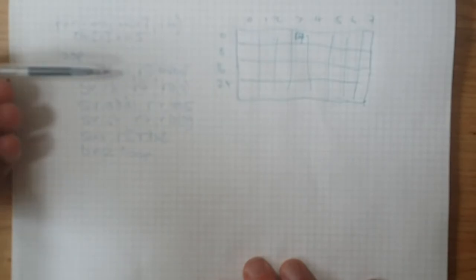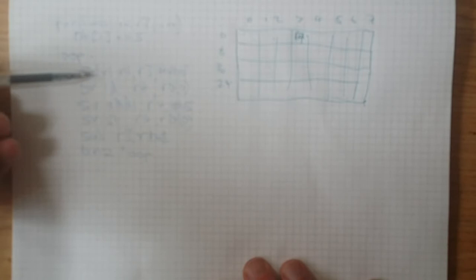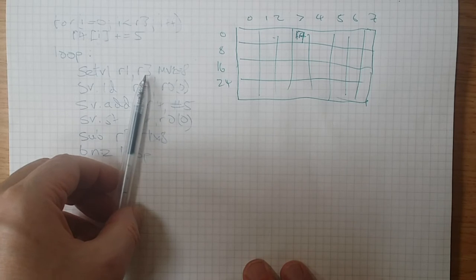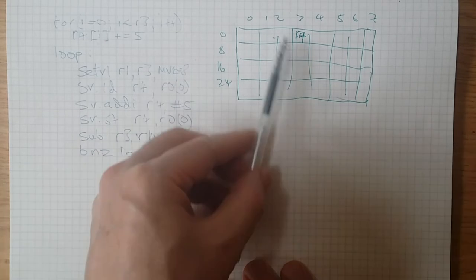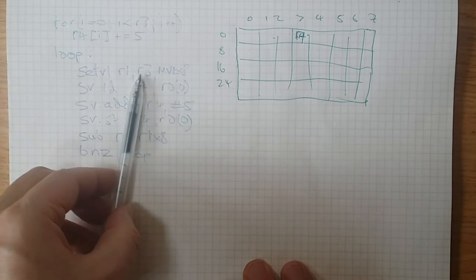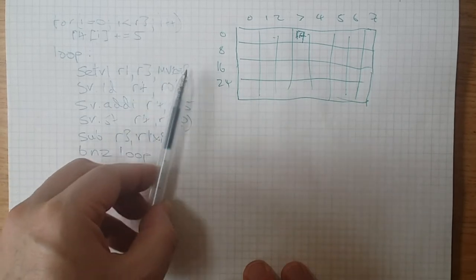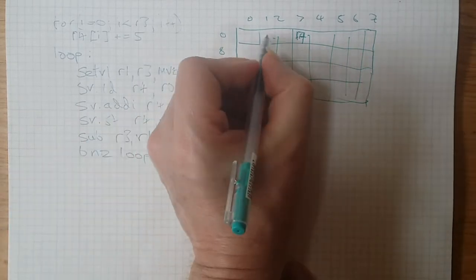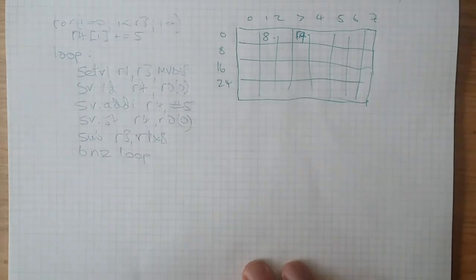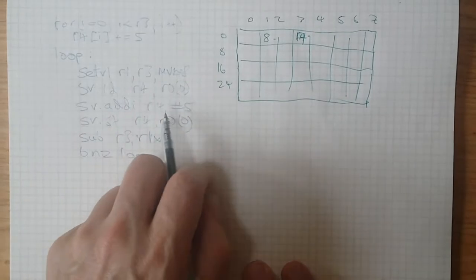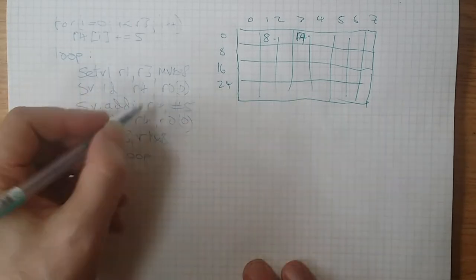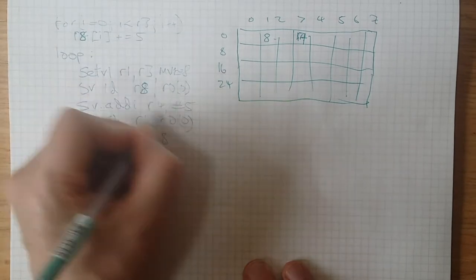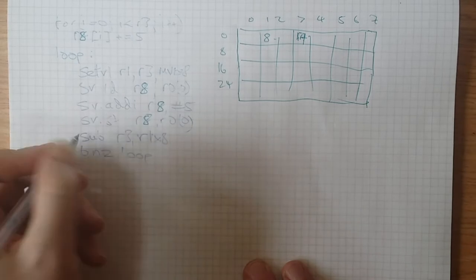On the first instruction, setVL R1, R3 with maximum vector length of 8, because R3 contains 17, R1 gets set to the min of 8 and 17, so R1 will be set to 8. And R4, let's make that R8, R8, R8.